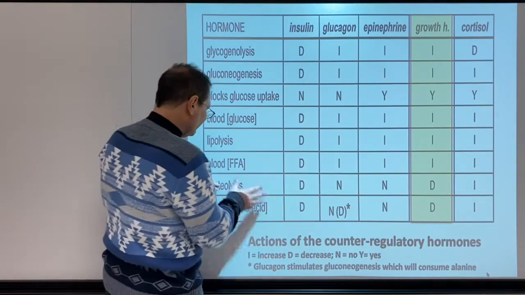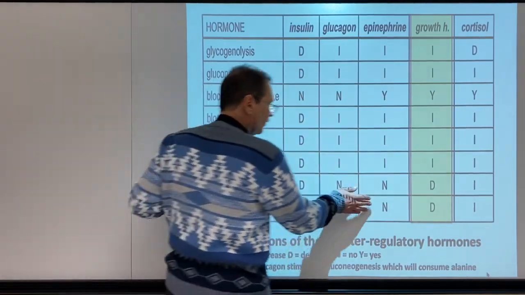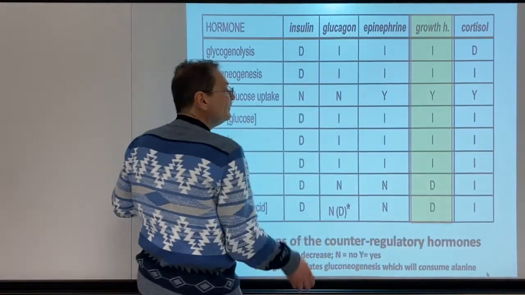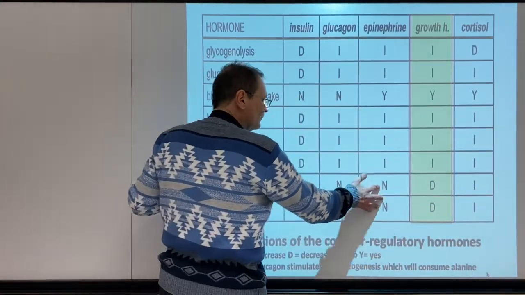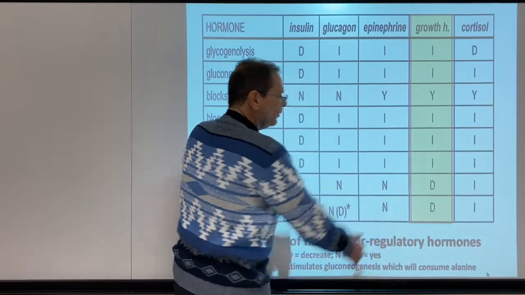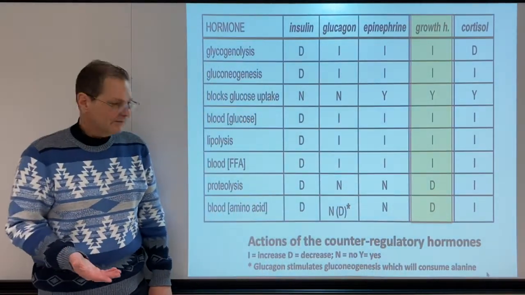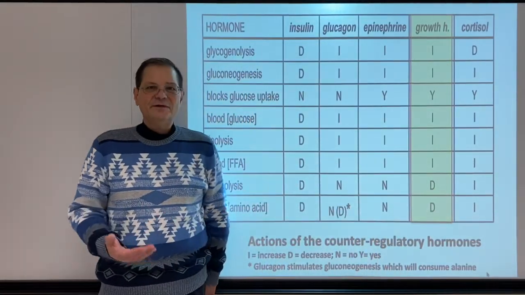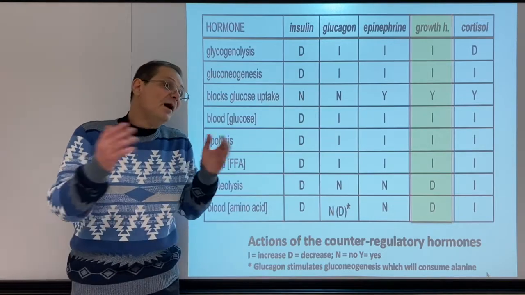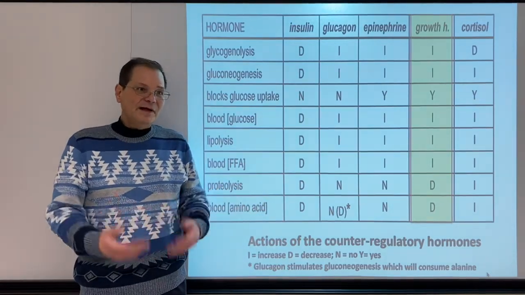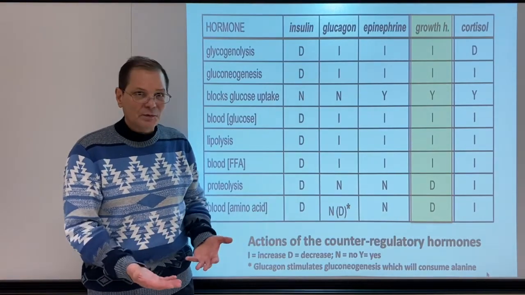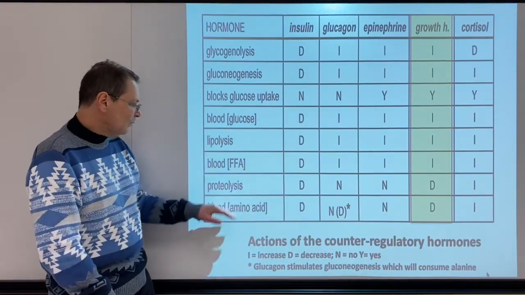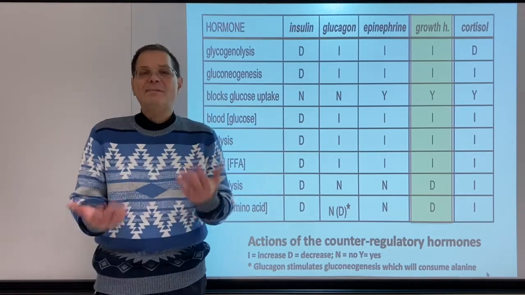And remember, the response in terms of proteolysis across these hormones is variable. Cortisol increased proteolysis. Epinephrine had no effect. Growth hormone is actually going to decrease proteolysis. And the reason for this is because of growth hormone's other effects, that is upon growth. If you're going to stimulate growth, which growth hormone will do, then you're not going to want to break proteins down, you're going to want to make proteins.